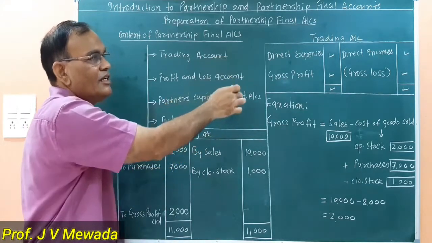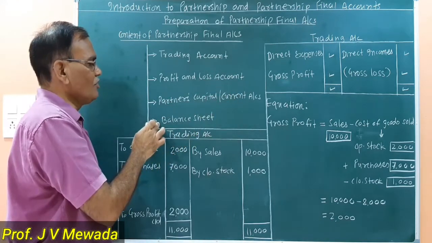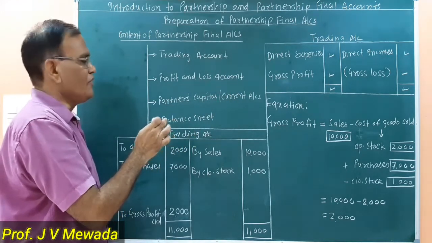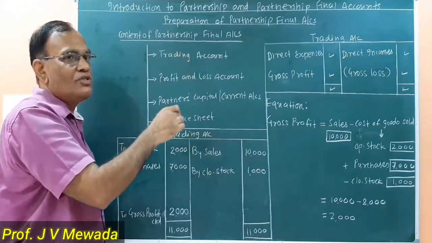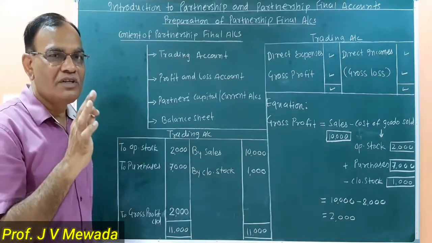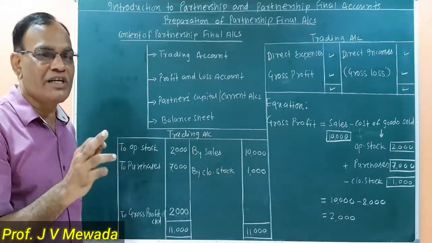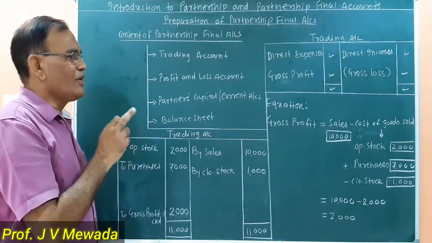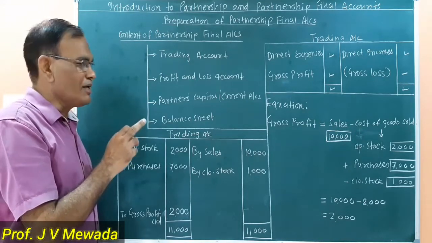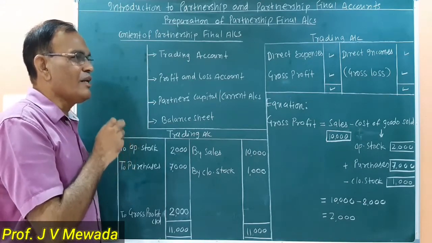So these are the three accounts, and one more, we are preparing a statement which is known as the balance sheet. So the final accounts are the combination of three accounts and one statement. Which are these? Trading account, profit and loss account, partners' capital account or current account, and balance sheet.